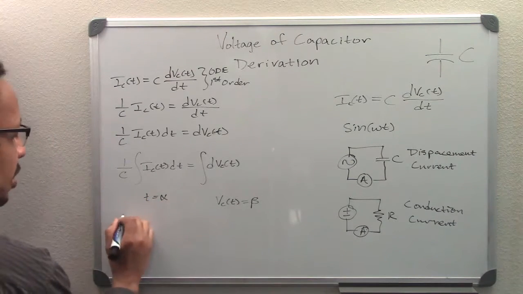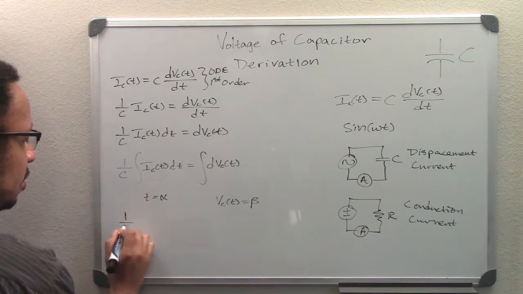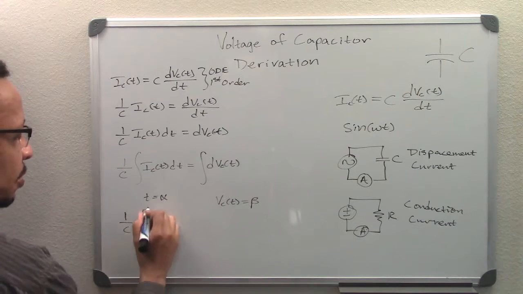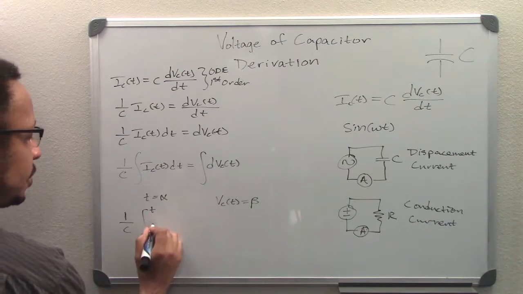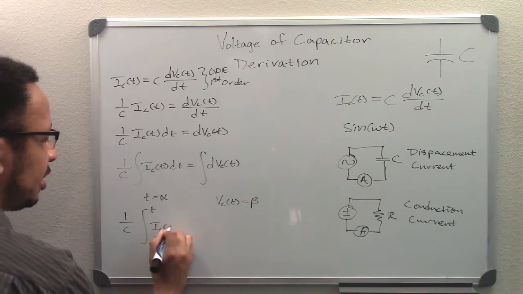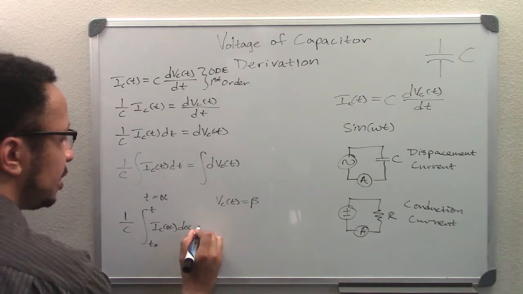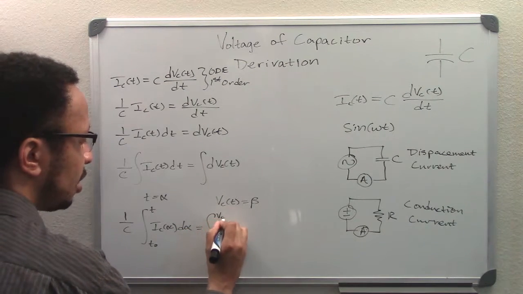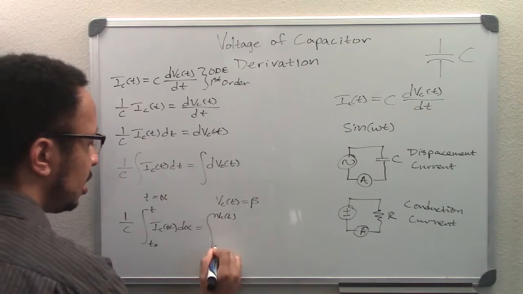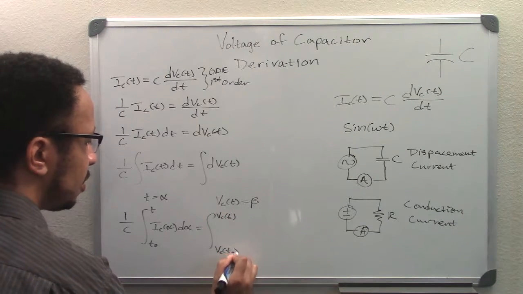Now next, we can go ahead and set up the integration. Our upper limit will be t, our lower limit will be t sub 0. And now we have iC(alpha) d alpha equals integration with upper limit of vC(t) and vC(t sub 0).